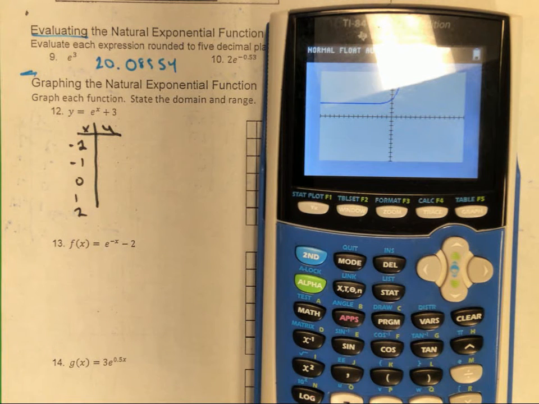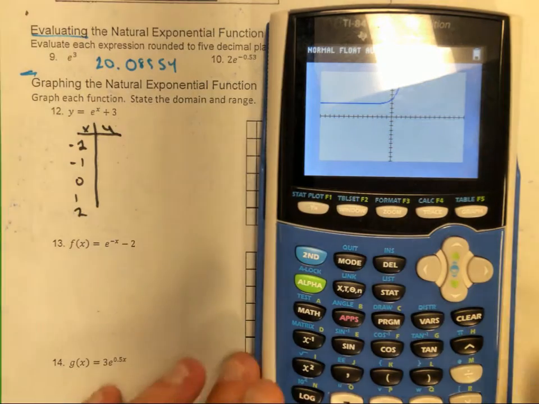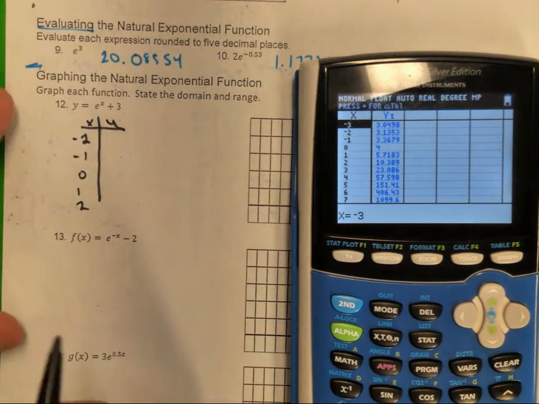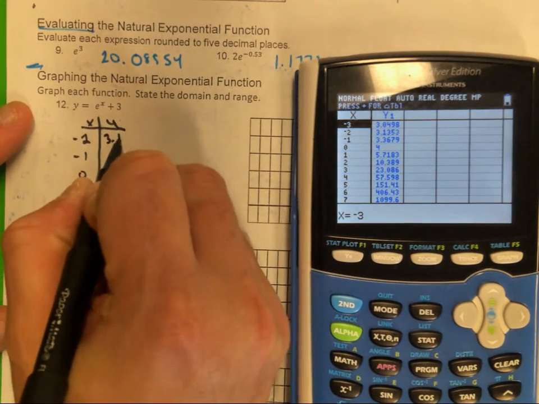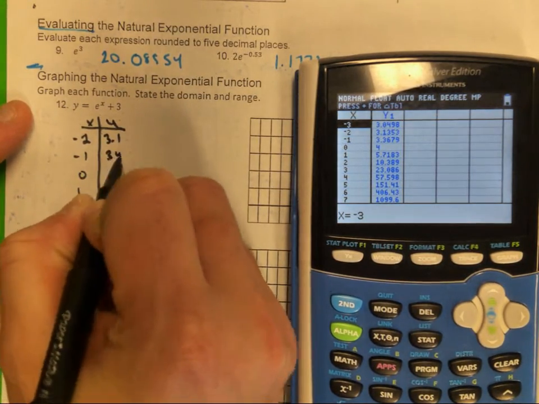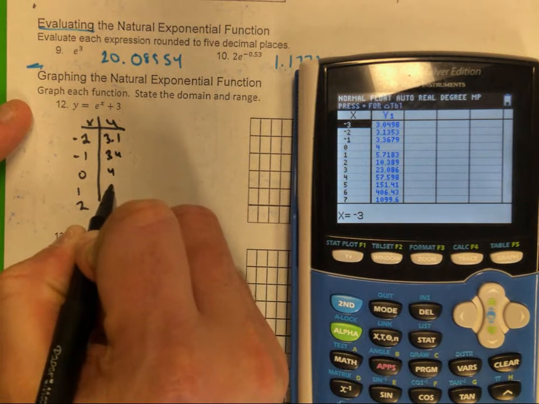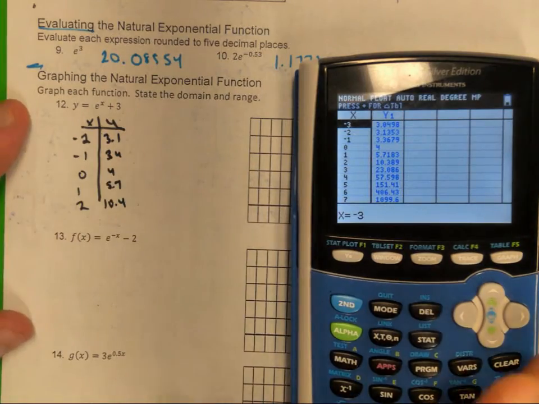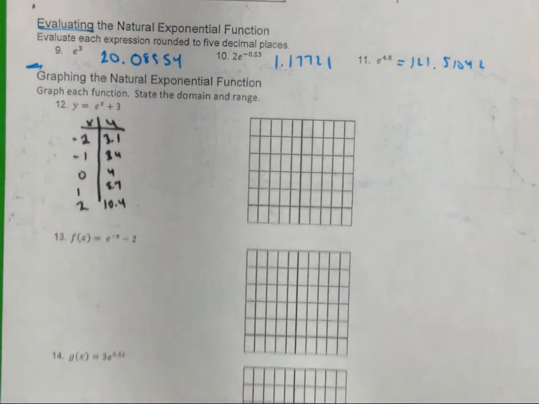It's approaching 3. Go to my table. 3.1, 3.4, 4, 5.7, 10.4. I might not get 2 and 10.4 on the graph.